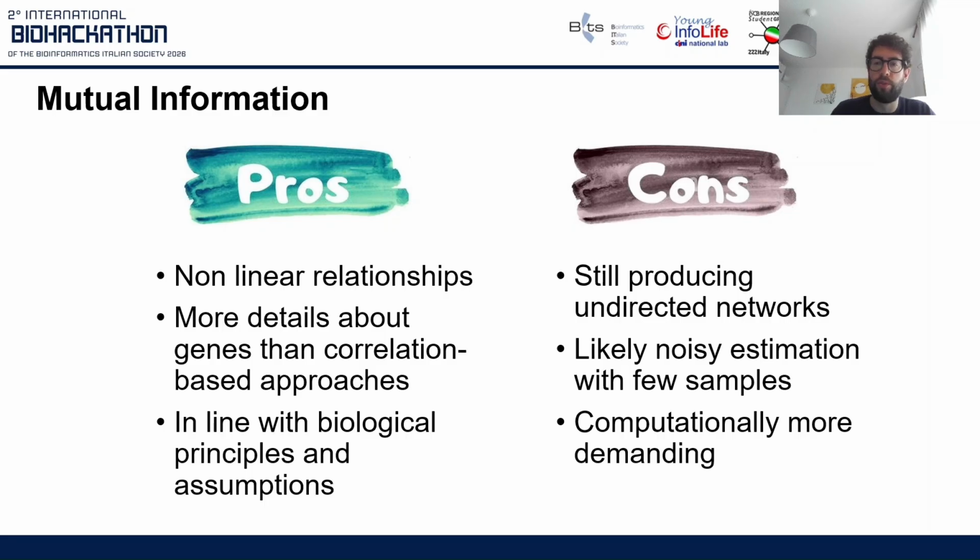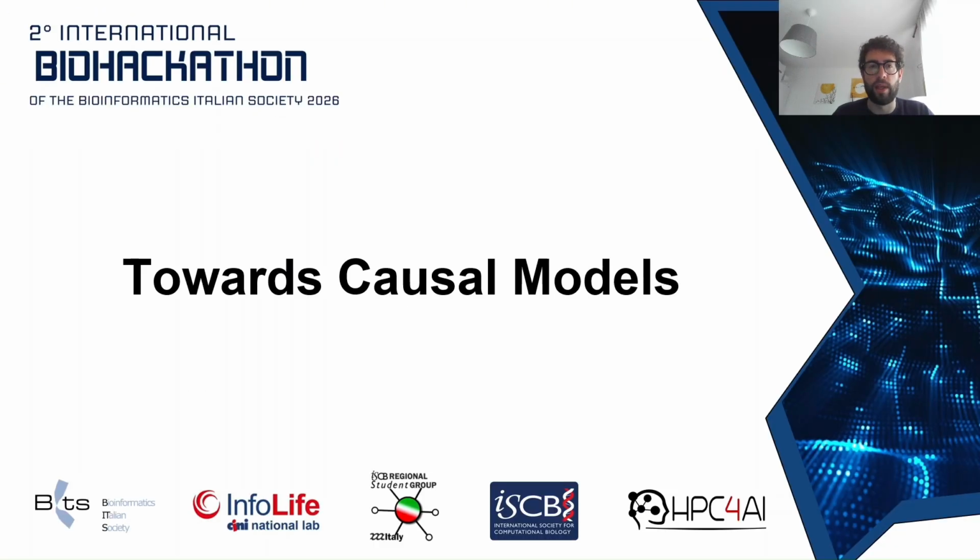And also it is computationally more demanding than purely correlational approaches. But the actual pro is that you're looking at non-linear relationships, and it's also in line with biological principles and assumptions.